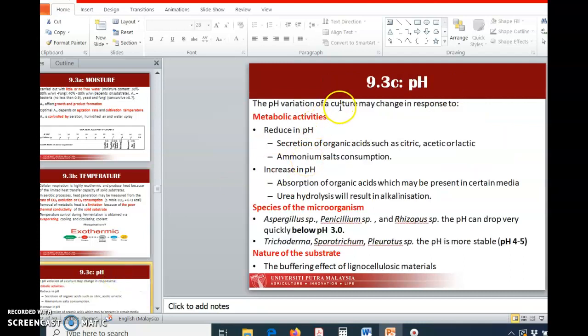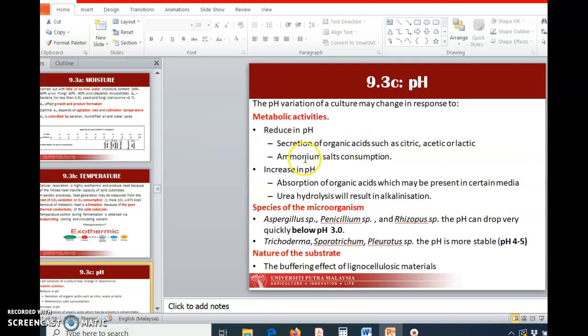Okay, next one is pH. Metabolic activities can either reduce the pH or increase the pH depending on, one, the production of products by the microorganism, or two, the degradation of certain compounds. For example, the reduction in pH is caused by secretion of organic acid, so the solid substrate will become acidified.